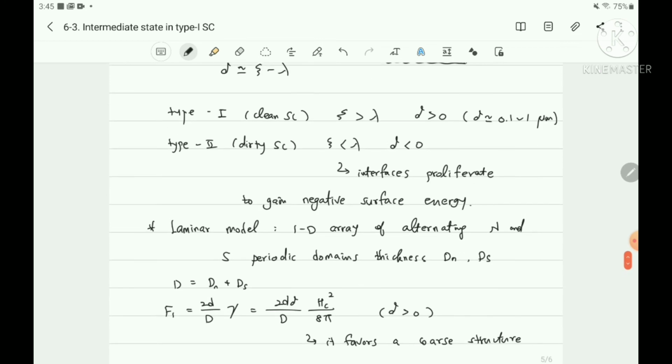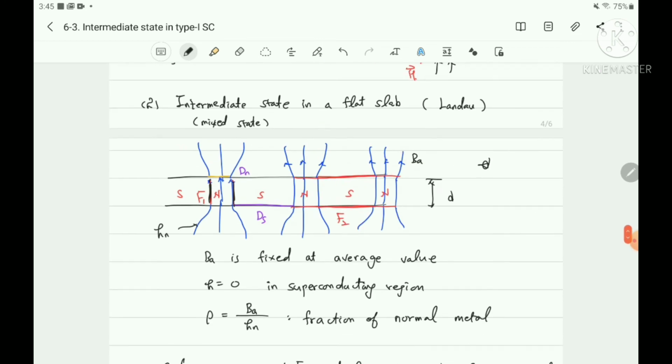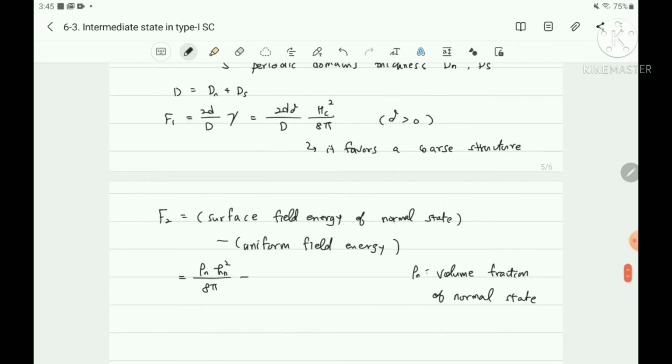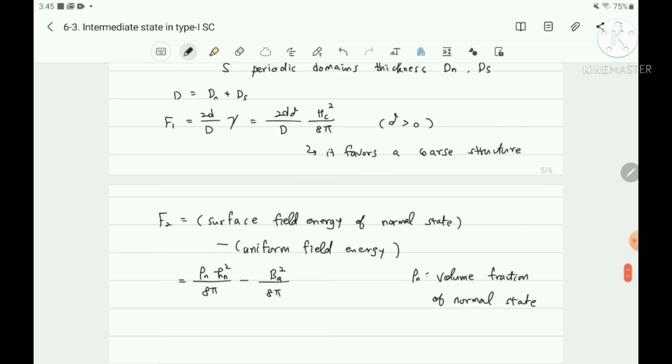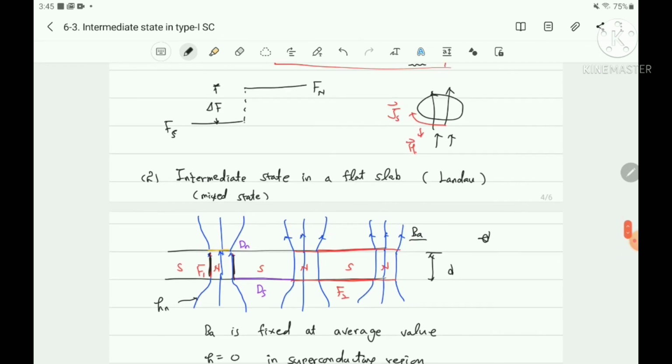Field energy is B square over 8 pi. B square over 8 pi is the field energy in the outside.